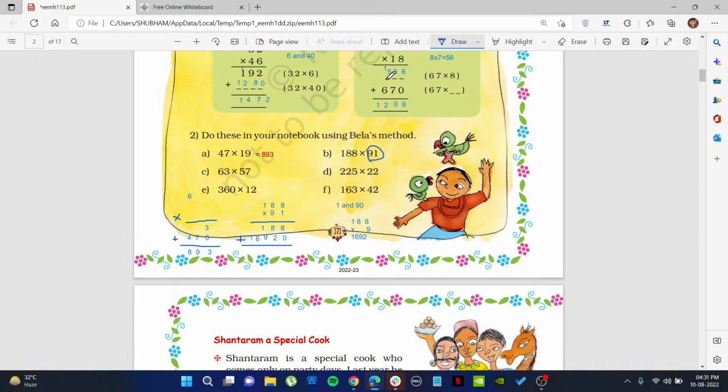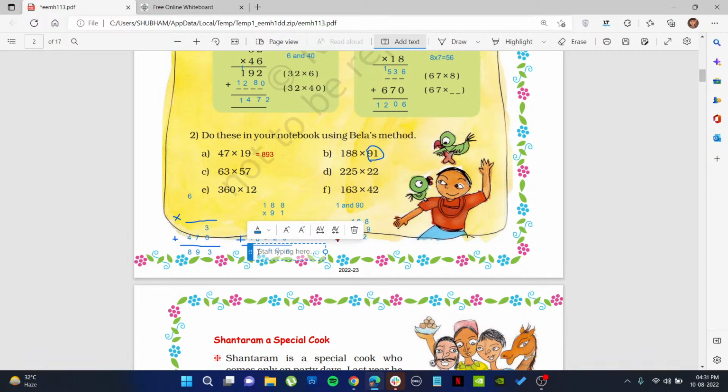So 0 add 8 gives us 8. So let's write 8 here. 8 add 2 gives us 10. So let's write down 0 here. 1 will be regrouped to the next column. Let's write 1 here. 9 add 1 gives us 10, and adding this 1 we get 11. So let's write down 1 here. Now another 1 will be regrouped to the next column, which is of 6. So let's write down 1 here again. 6 add 1 gives us 7.